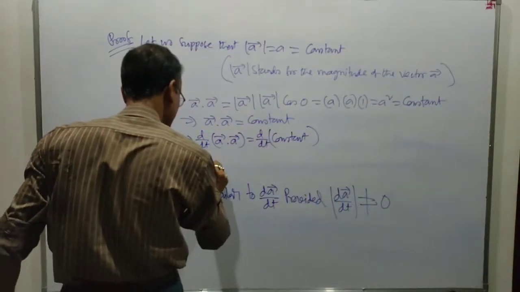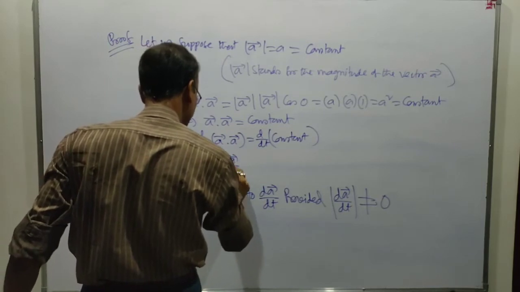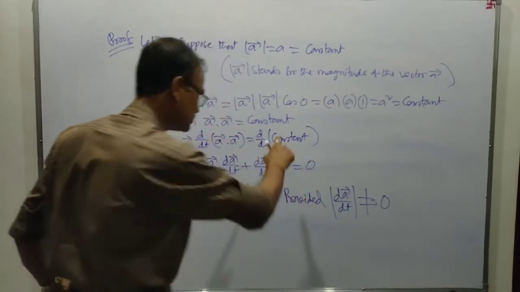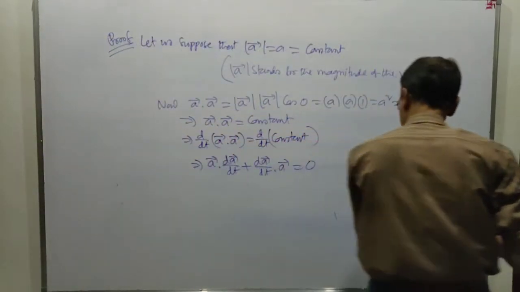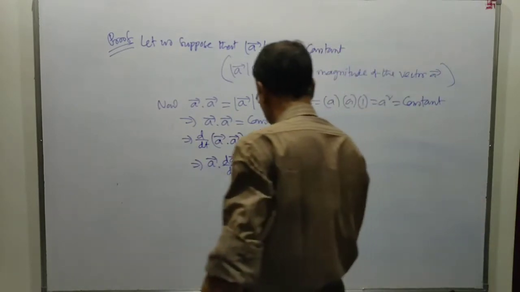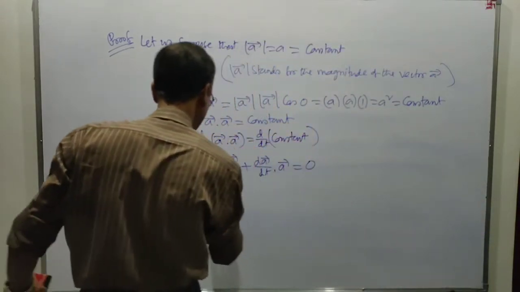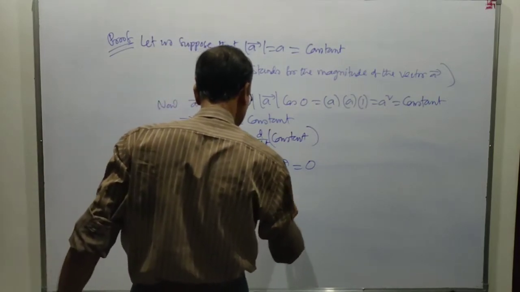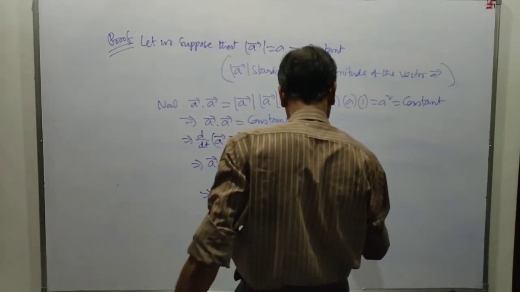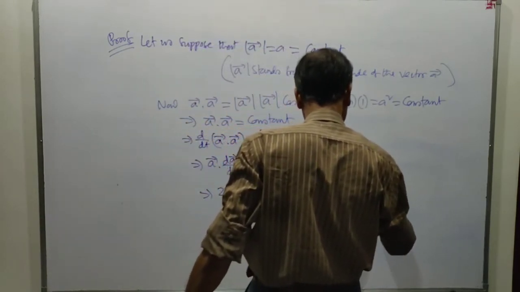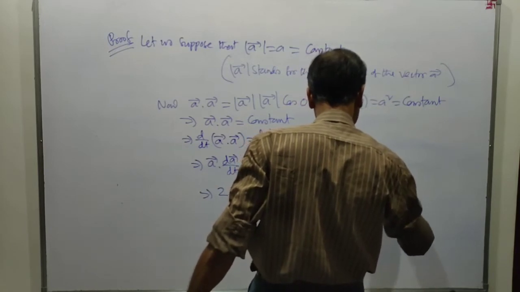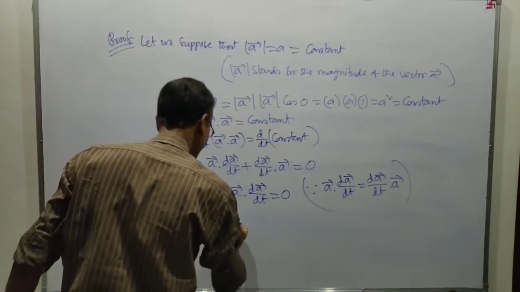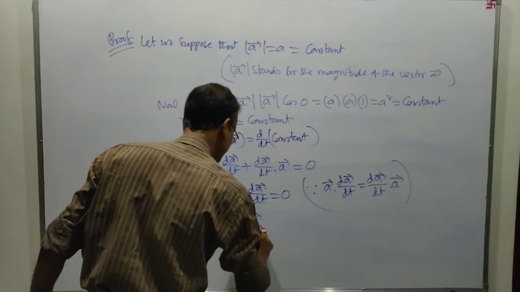This means A vector dot dA vector by dt plus dA vector by dt dot A vector equals 0, since the differentiation of a constant scalar is equal to 0. This means 2 times A vector dot dA vector by dt equals 0, since A vector dot dA vector by dt is equal to dA vector by dt dot A vector. This means A vector dot dA vector by dt equals 0.